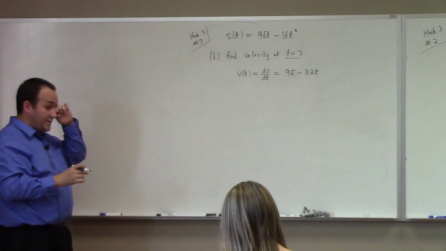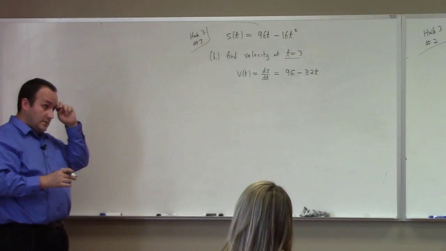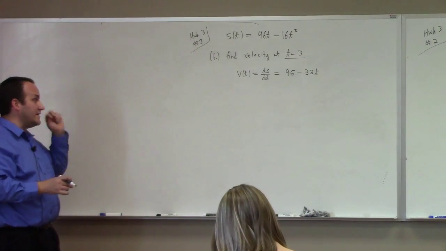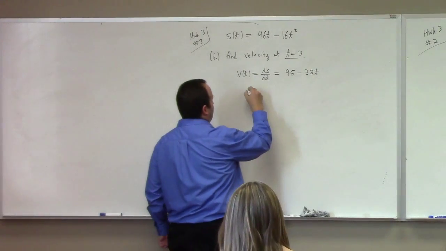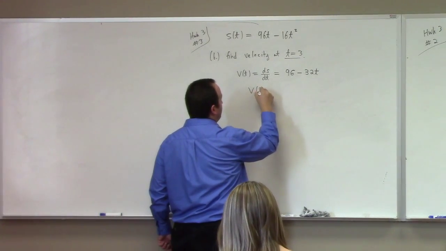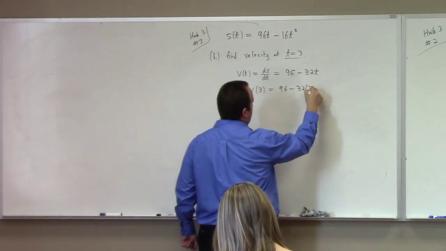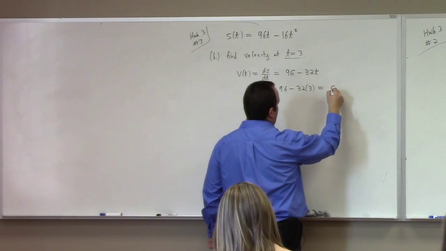Did you guys follow me? Yeah, just the power rule and linearity to break it up into 2 pieces. And then what's v of 3? Well, we just plug in t equals 3. So 96 minus 32 times 3, which is otherwise known as 0.